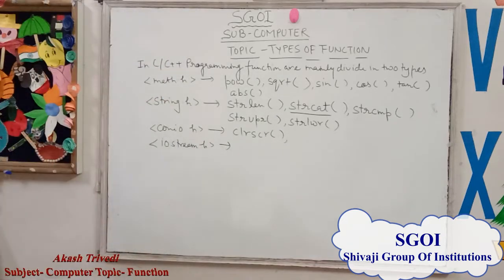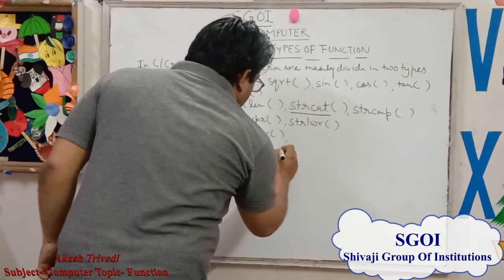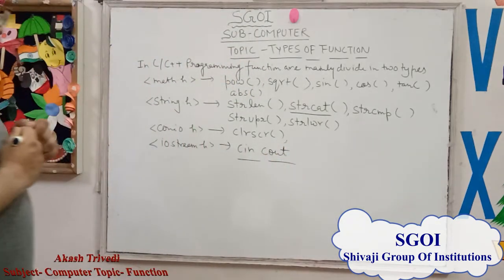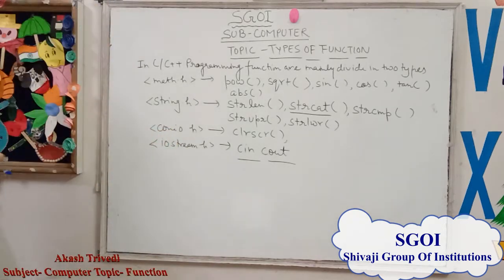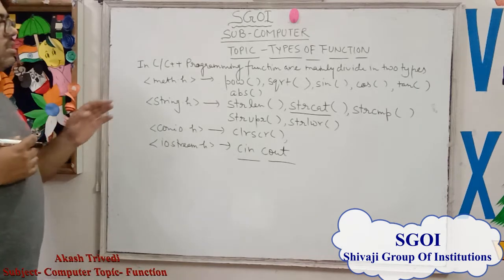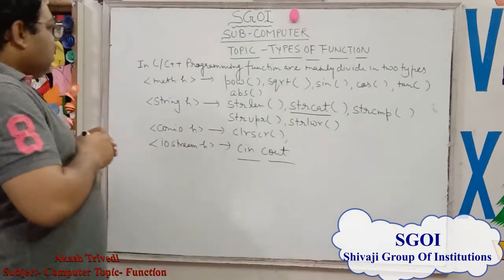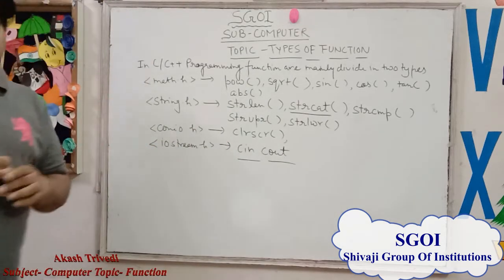Here there are two functions, that is cin and cout. Cout is used for giving a message and cin is used for scanning the value. So these functions are known as library functions, which are stored in their header files.